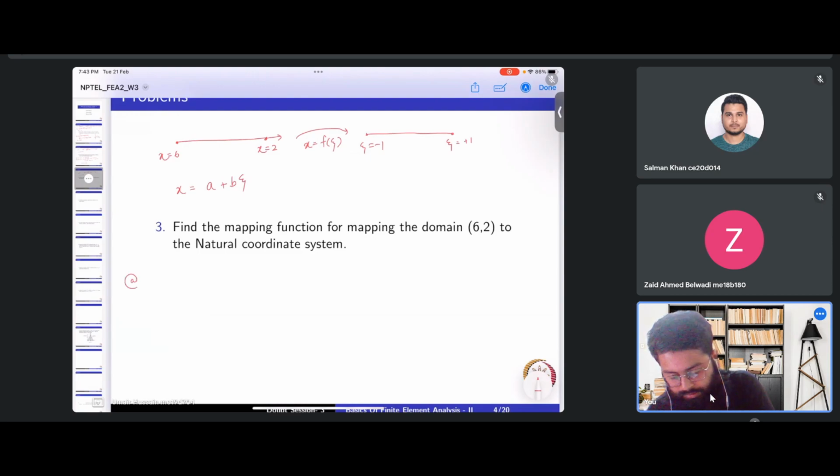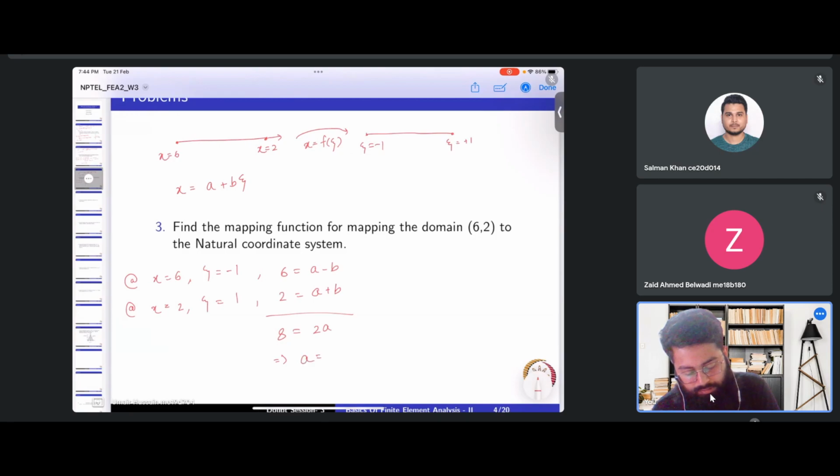So this time at x equals 6, we have zeta equals -1. So this gives us 6 equals a minus b. At x equals 2, zeta equals 1. So we have 2 equals a plus b. We add up, we get 2a.